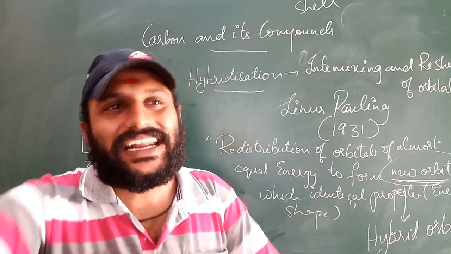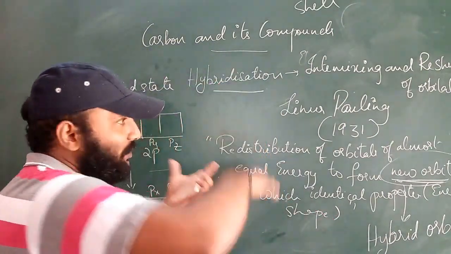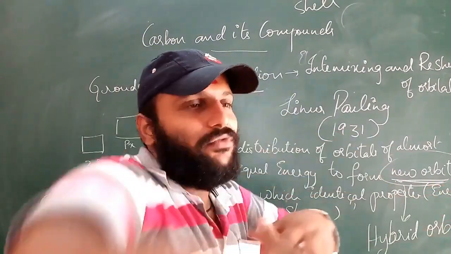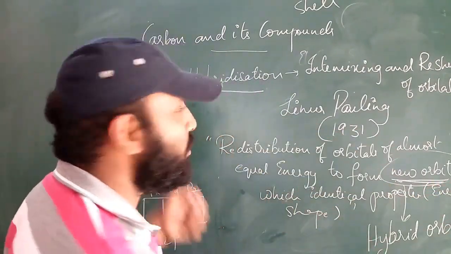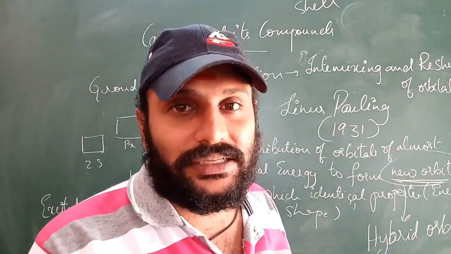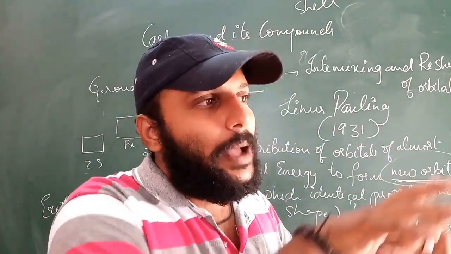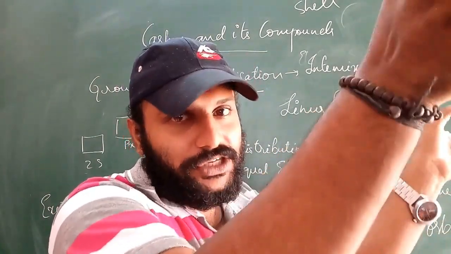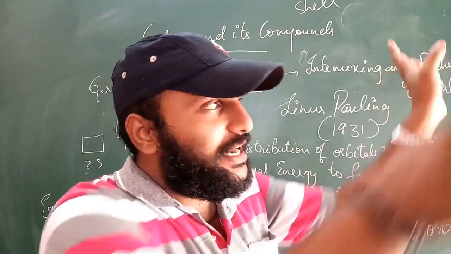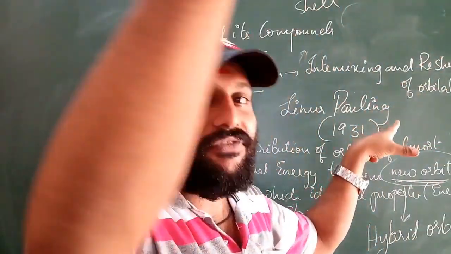Why intermixing? Because the different energy levels will become the same energy level. And why does it reshuffle? Because what is present inside the orbitals? Electrons. In order to avoid repulsion between the electrons, due to reshuffling, the orbitals will form at different angles such that electrons are at a maximum distance.